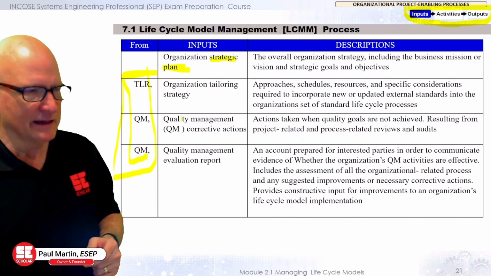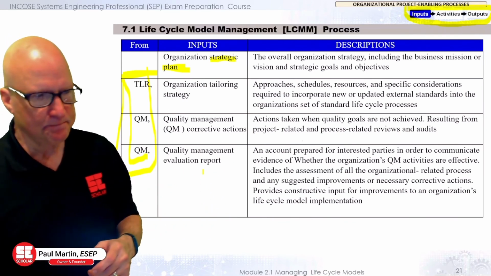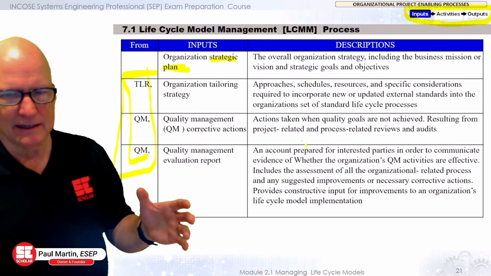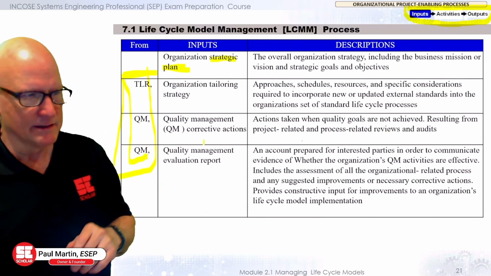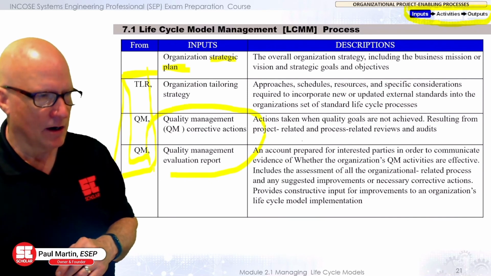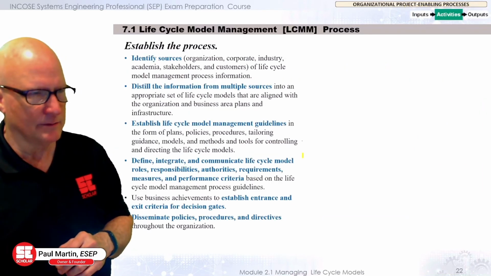And quality management has several pieces of information that are helpful to this process because we're trying to get an understanding of how we can improve these processes. So these quality management aspects are actually pretty good things for us to get our quality better.